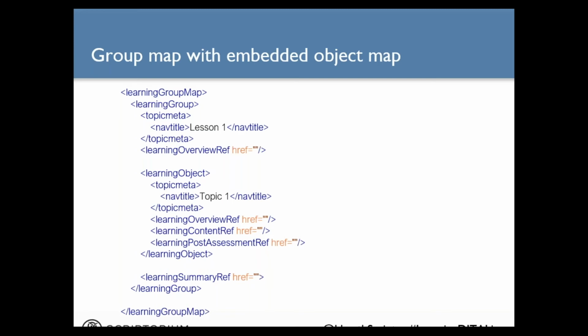Within lesson 1, we've got topics, so our learning object is representing our topics here. Maybe we have an overview for the topic, the content of the topic, and a short assessment testing students on what was in that topic. Then you would have multiple of these: we do topic 2 and topic 3 in another learning object. Then you'll have your learning summary for the lesson, and that would end your lesson. That's how it's designed to work. Again, you can do this in many different ways based on your needs.